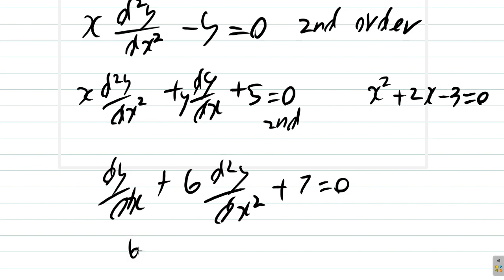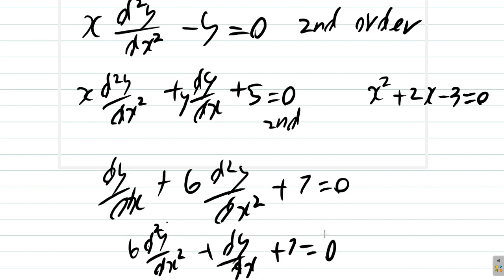It's really 6 d squared y by dx squared plus dy by dx plus 7 equals 0. Alright? And the highest order is the second order, so you say this is a second order differential equation.